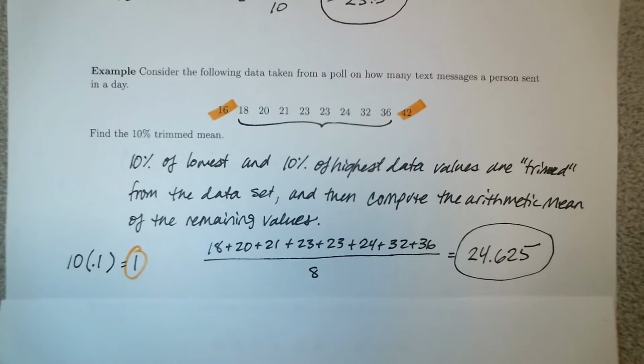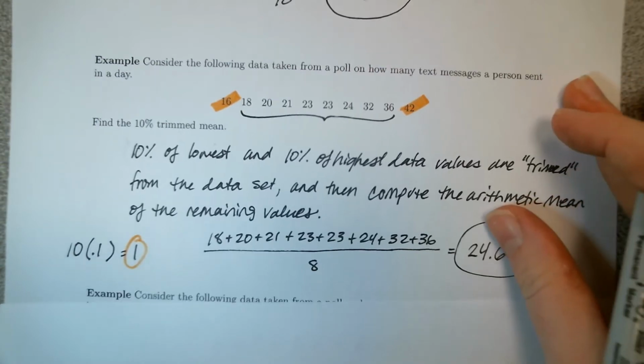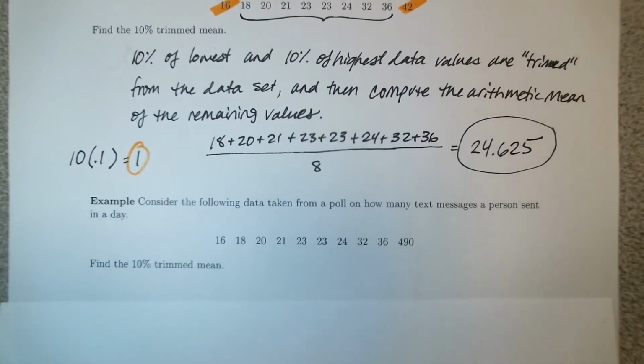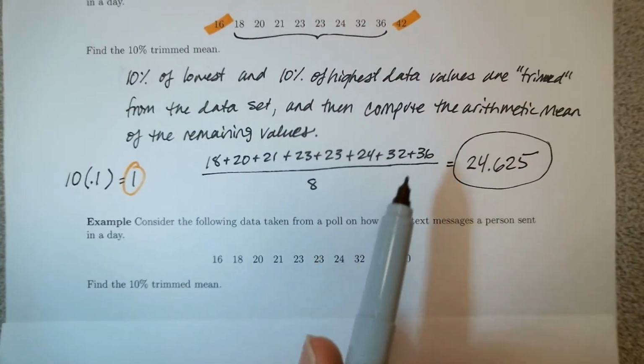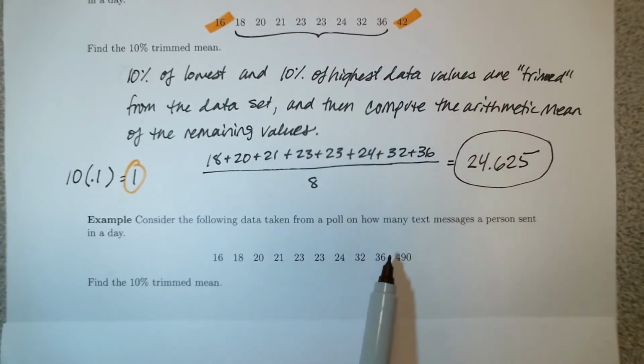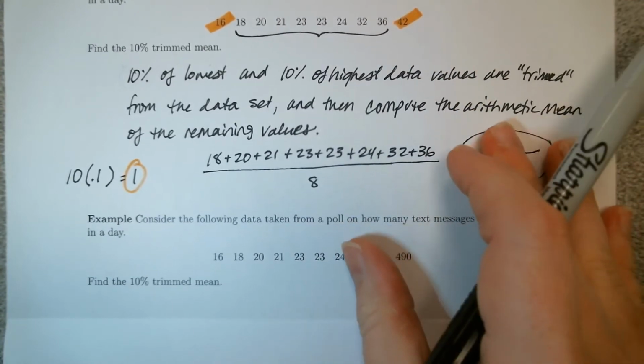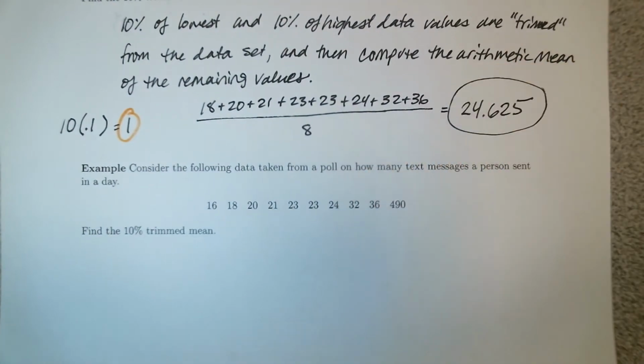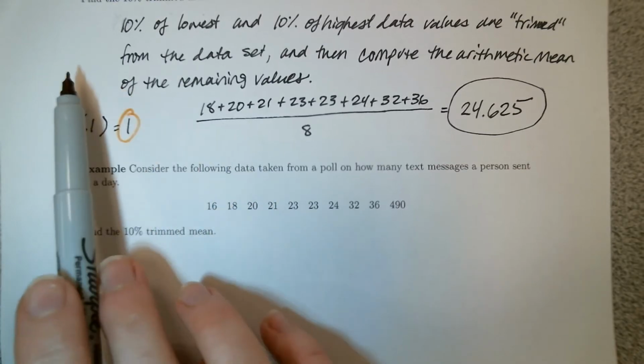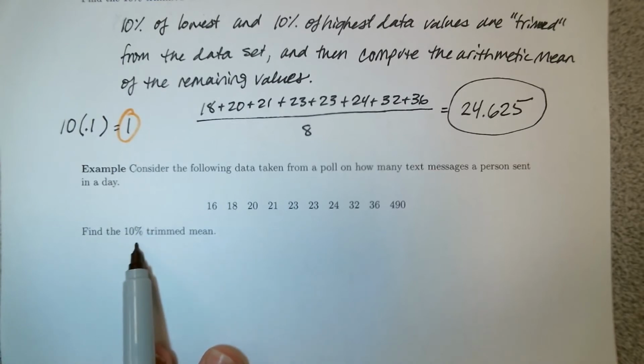What if I look at a similar problem, a 10% trimmed mean with almost the same data set? What I've done is I've replaced 42 with 490. If I want to, again, compute the 10% trimmed mean of this data set, I'll execute the same process: 10% of the lowest values, 10% of the highest values.